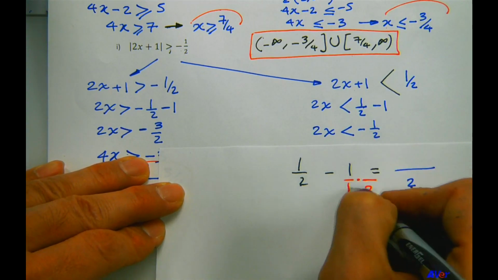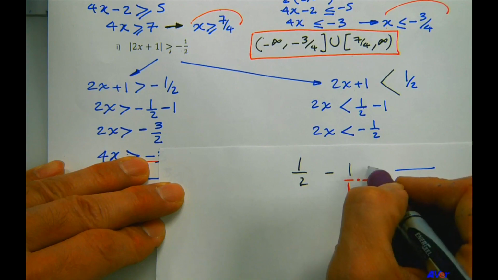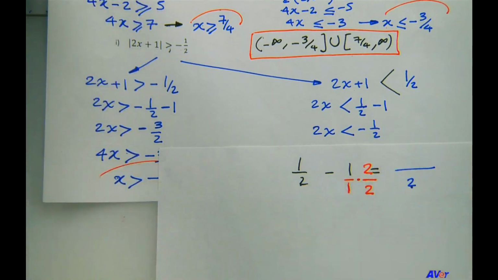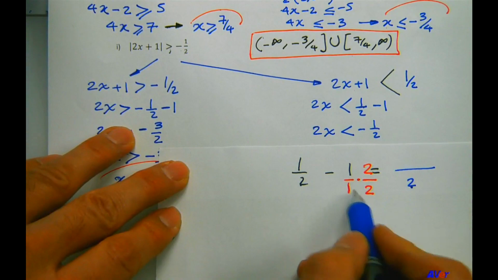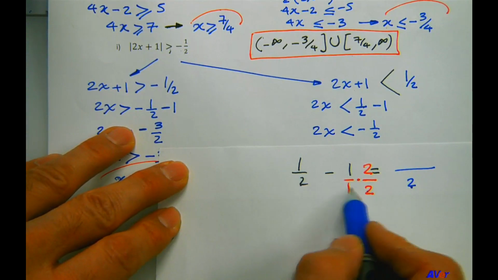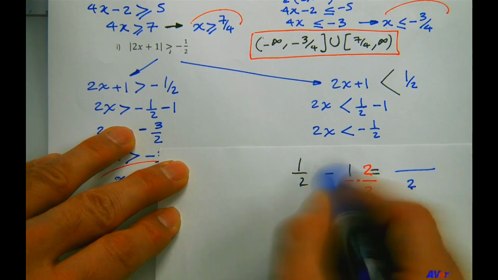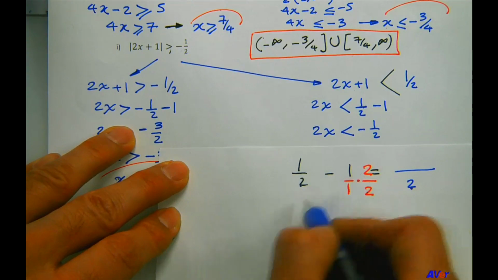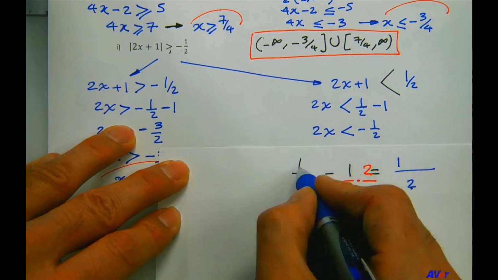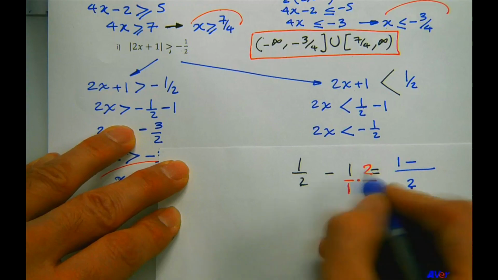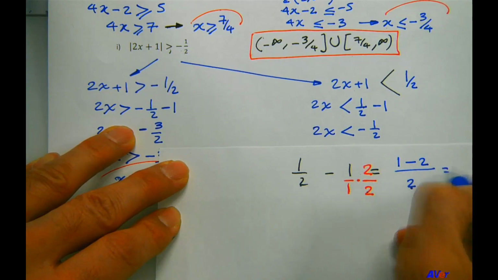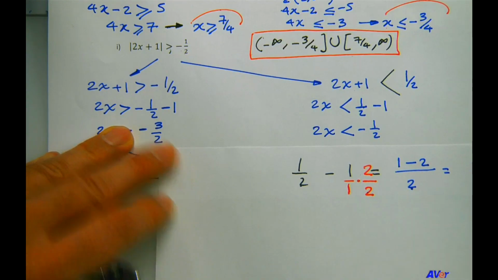But can we do that and not do the same thing to the numerator? No, so multiply that by 2 as well. What do we end up with? We end up with two fractions that have common denominator 2. So that means we can subtract the numerators. 1 minus 1 times 2, 2. So we end up with 1 minus 2 is minus 1 over 2 as a result.